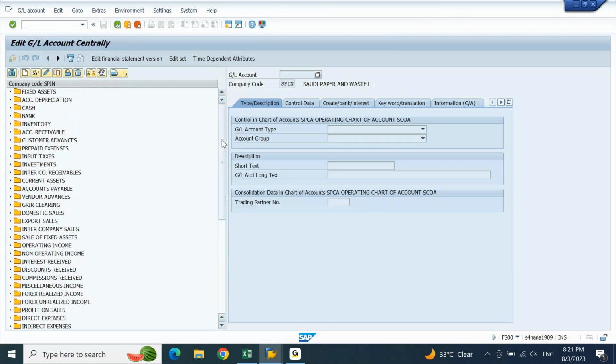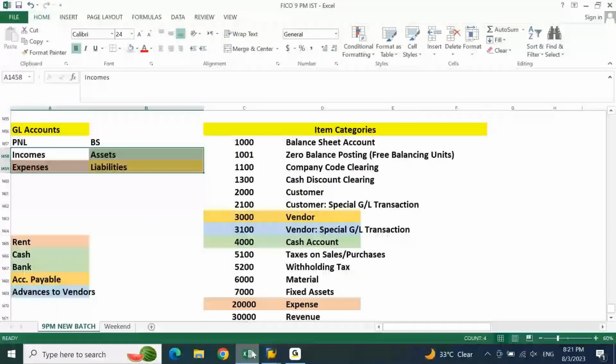These account groups are coming from your chart of account, which means when you're creating the chart of account, you cannot create it just like that. You need to make sure while creating the chart of account, you keep your TB, P&L, and balance sheet in your mind.